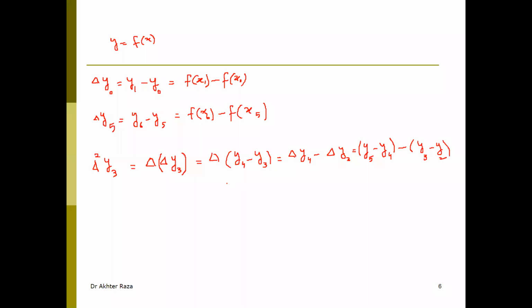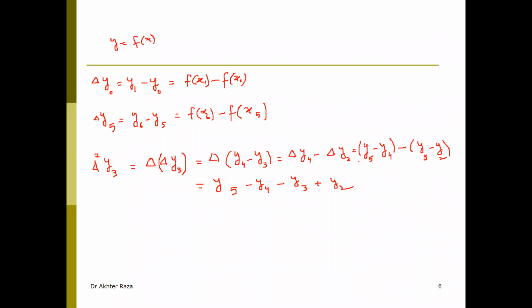So we can simplify this as y5 minus y4 minus y4 minus y3.